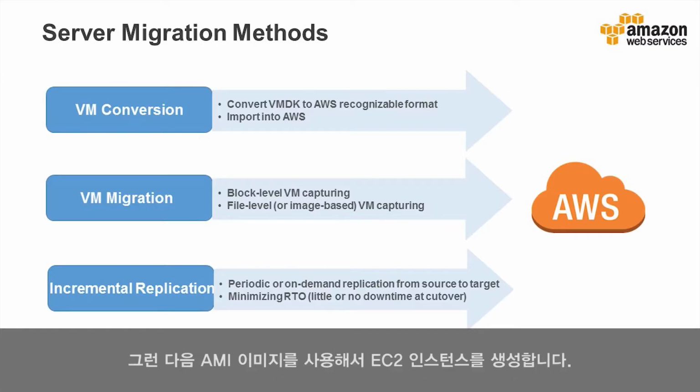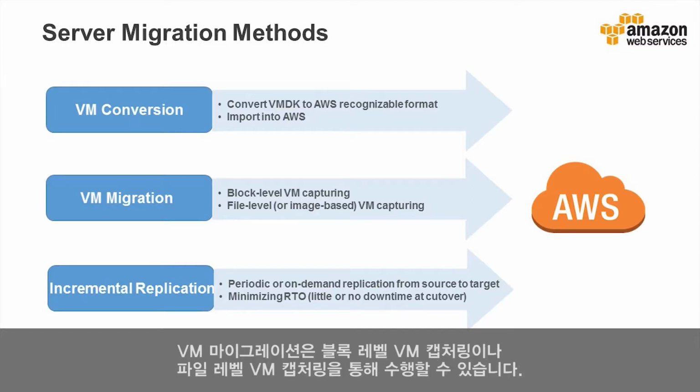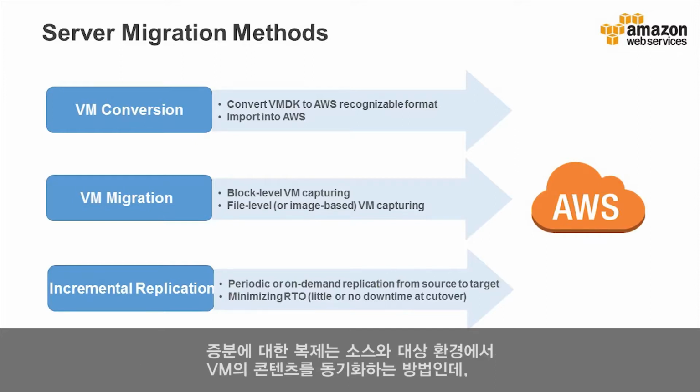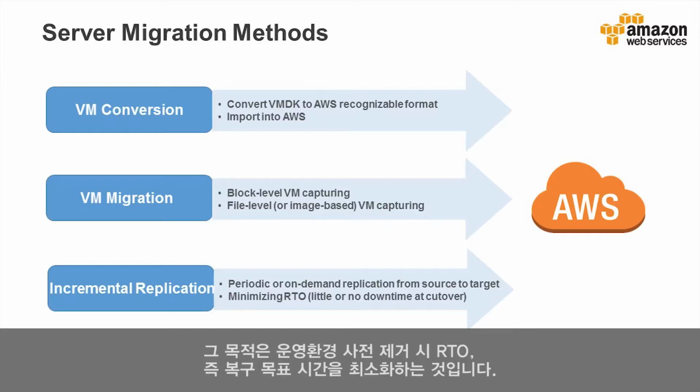The AMI image is then used to create an EC2 instance. VM migration can be performed through either block-level VM capturing or file-level VM capturing. These are typical mechanisms used by different migration tools. Incremental replication is a way to synchronize the content of VMs in the source and the target environments. Its purpose is to minimize the RTO, that is, recovery time objective, at the time of production cutover.